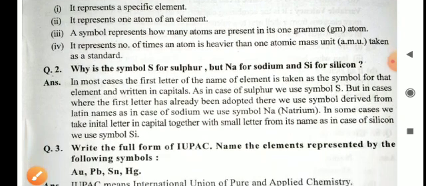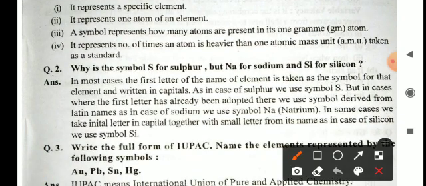Second question: why is S the symbol for sulfur, Na for sodium and Si for silicon? In most cases the first letter of the name of the element is taken as the symbol for that element and written in capital letter.